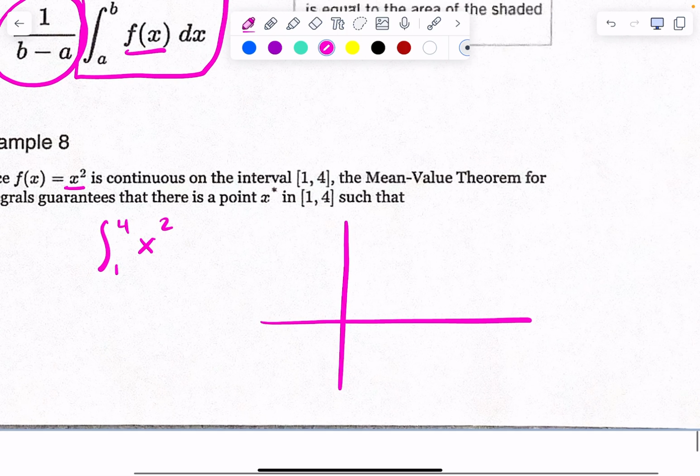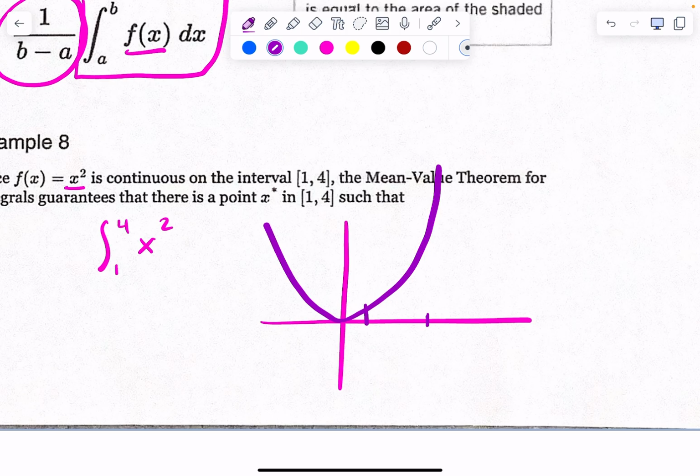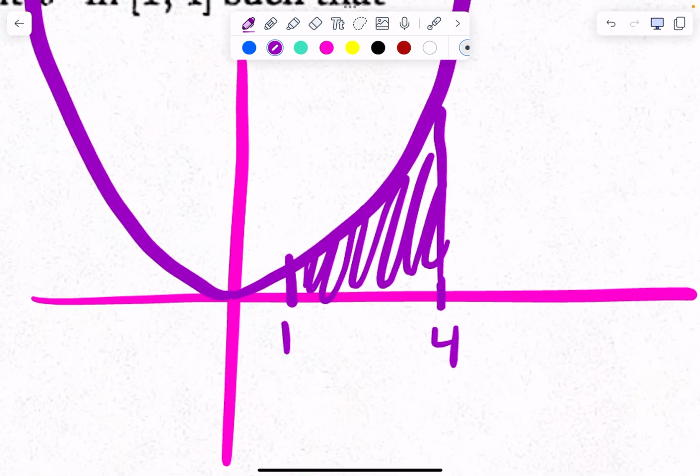All right, x squared is a function like this. It's a parabola, right? And we're going from 1 to 4. I'm going to make my parabola a little bit wider so that you can see it better. Here's my parabola, from 1 to 4.